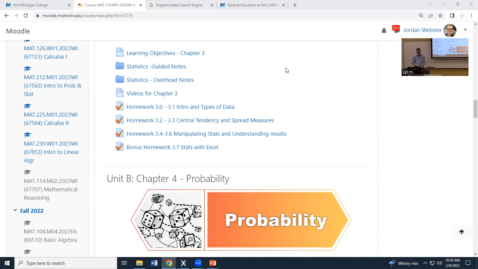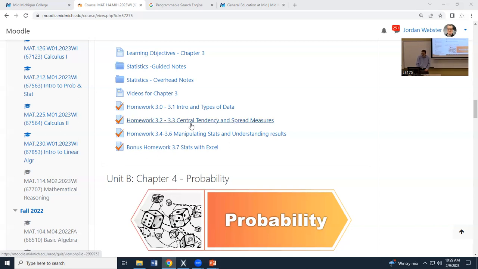So that's what we'll do. Because we have so many people missing, I'm going to delay the 32 and 33 homework until next week. So next week, Friday, let's do the 30 and 31. We already covered all of that on Tuesday, so that'll still be due this Friday.